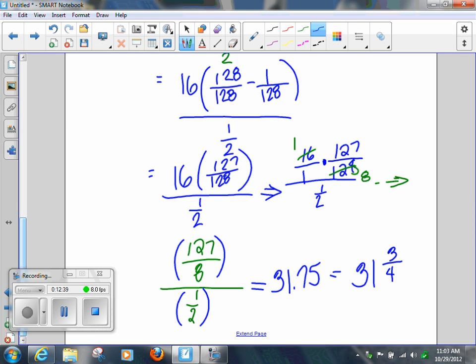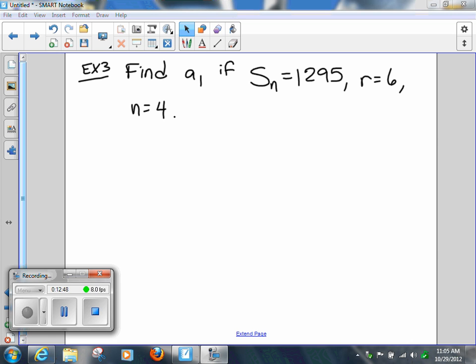Did you go 7 terms? Add it up, let me see. Okay? Now look the way I'm turning this thing around. Okay? You're given the sum. You're given the ratio. You're given the number of terms.